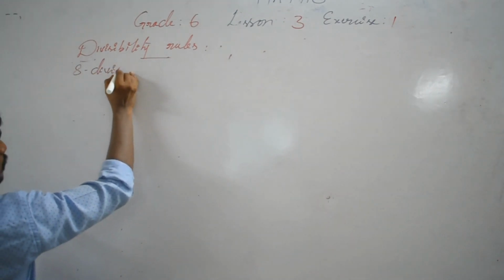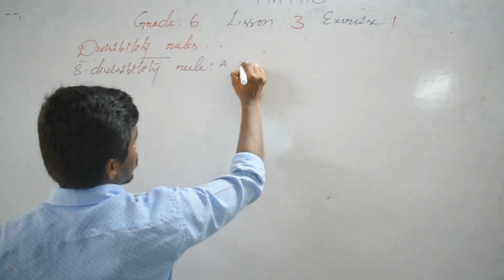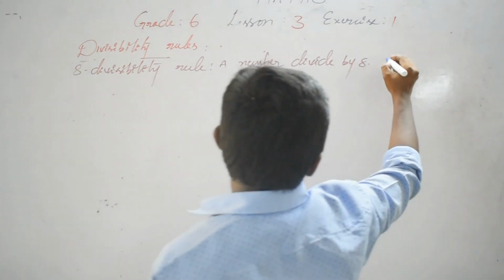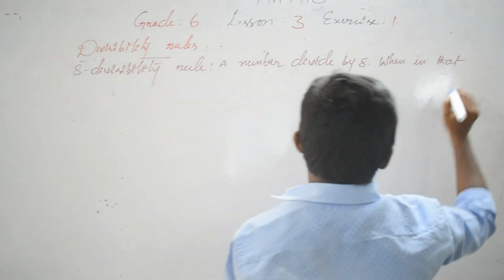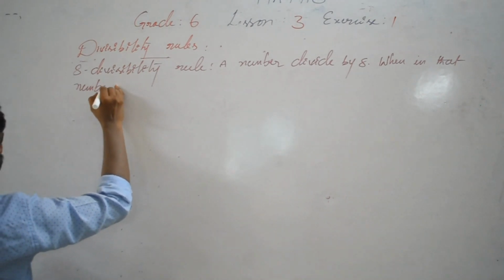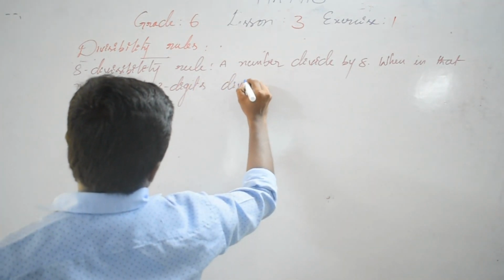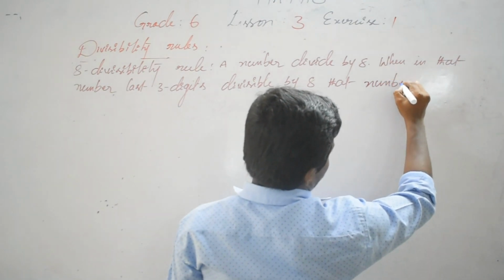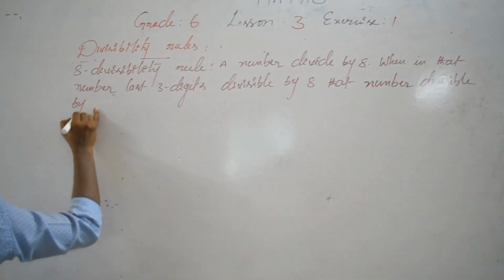The 8 divisibility rule: a number is divisible by 8 when the last 3 digits of that number are divisible by 8, then that number is divisible by 8.